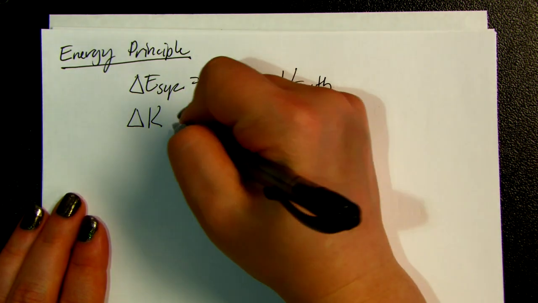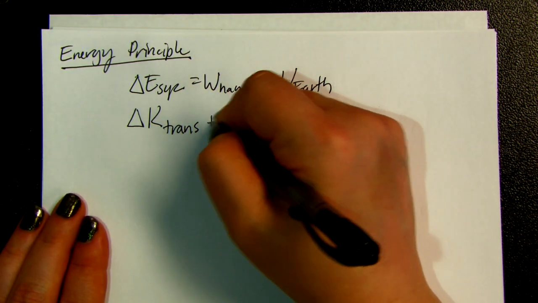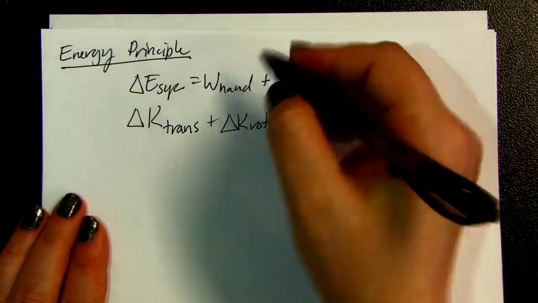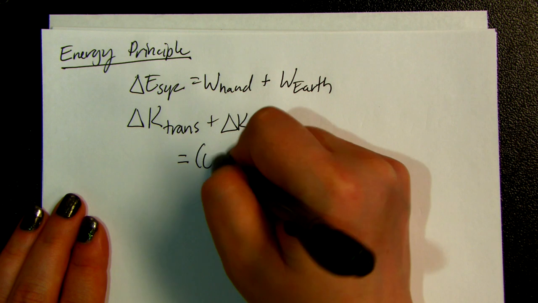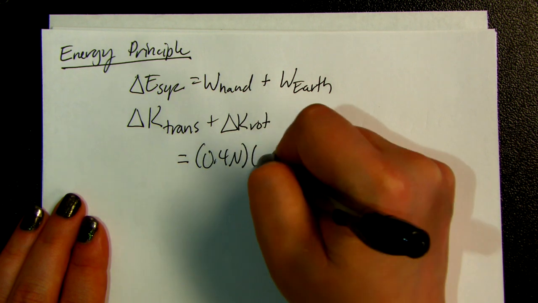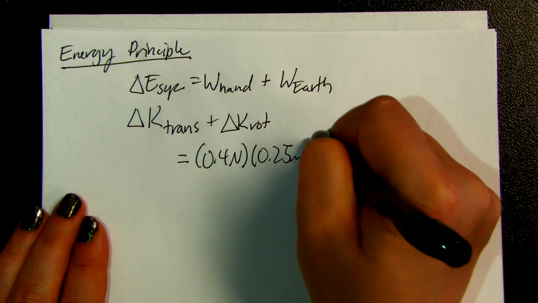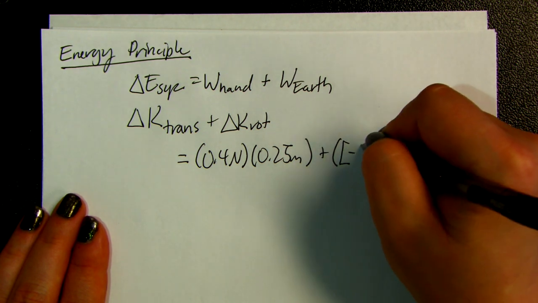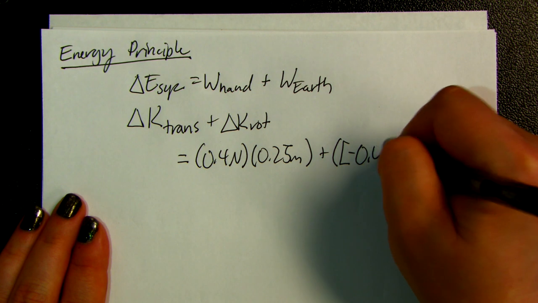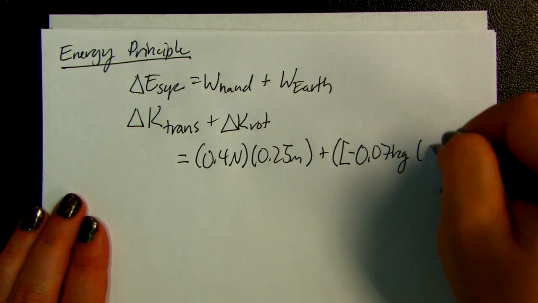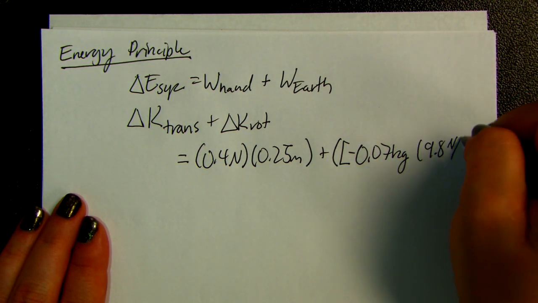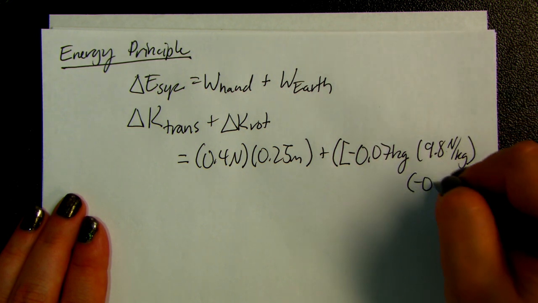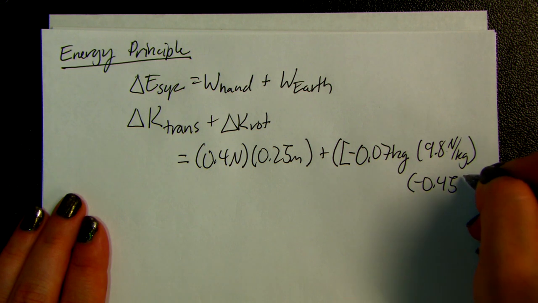So we have the change of translational kinetic energy plus the change of rotational kinetic energy for delta E system is equal to 0.4 newtons times 0.25 meters plus 0.07 kilograms times 9.8 newtons per kilogram over that minus 0.45 displacement.